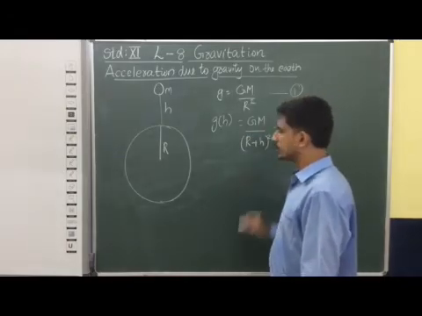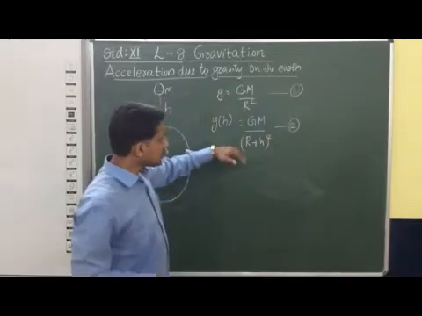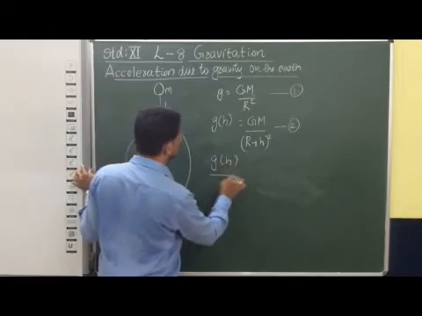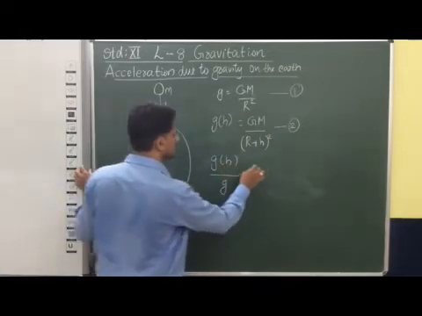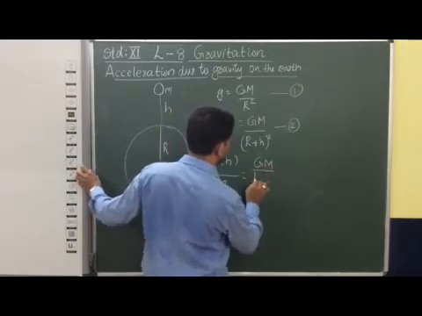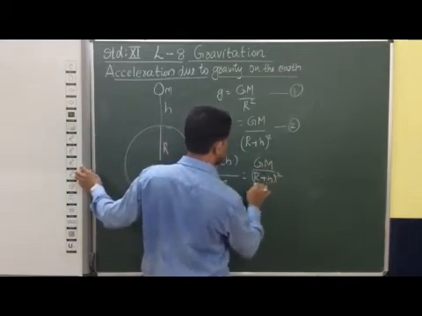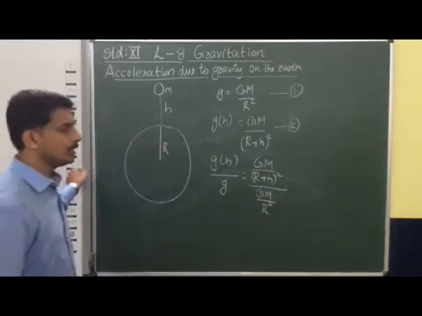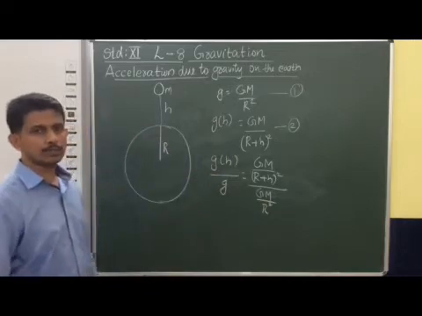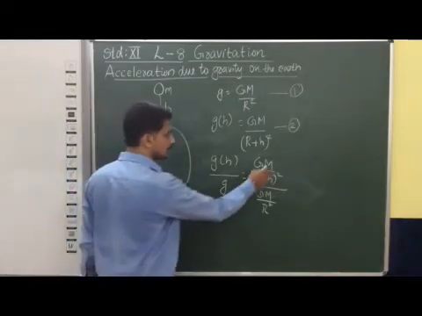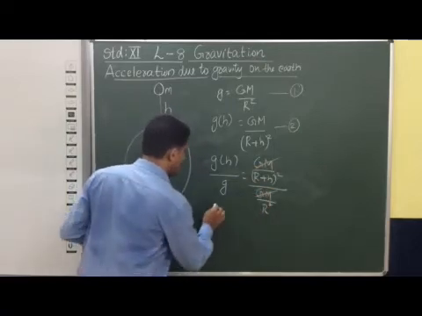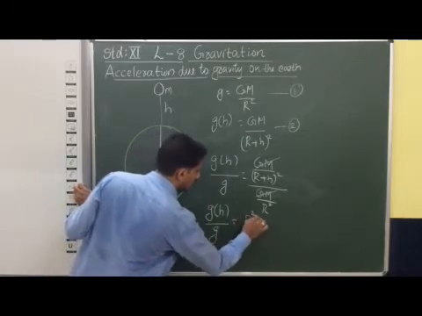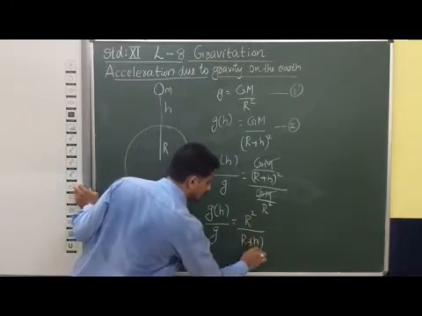If we take the ratio between equation 2 and 1, g of h divided by g becomes G M divided by r plus h all square, divided by G M divided by r square. Some terms cancel, so our equation becomes g of h divided by g is equal to r square divided by r plus h all square.